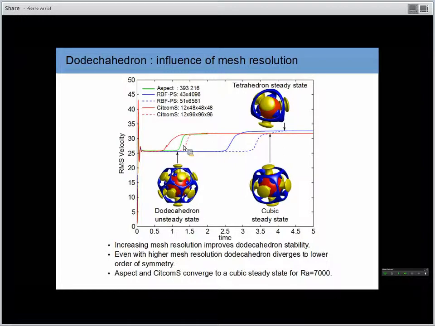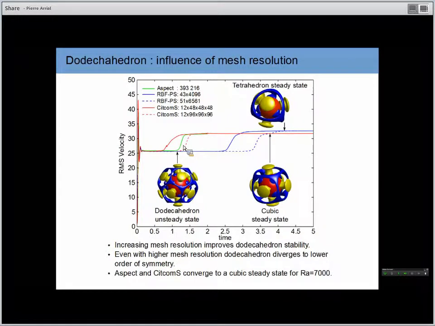CitcomS is going to have some preferences for even modes. We have an unequal form of cubic pattern, and large models with unequal two modes with axisymmetric patterns.